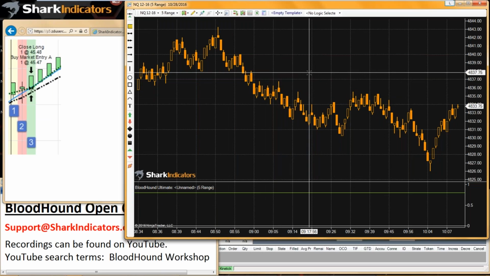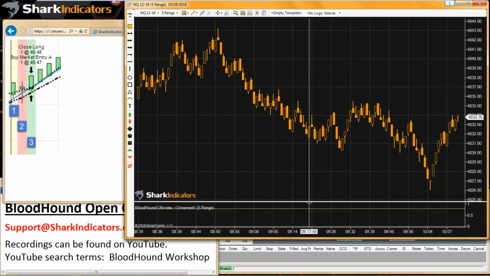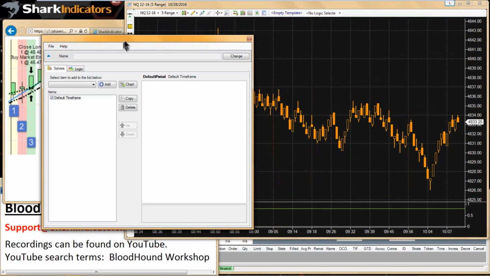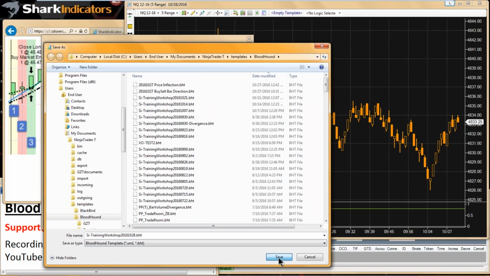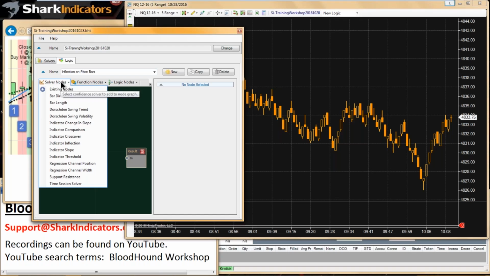Let's just get our BloodHound file named here. Okay, all right, so we'll take a look at inflection on price bars.